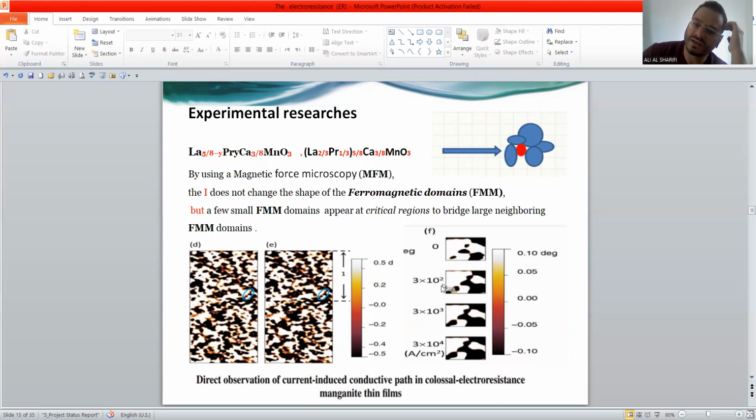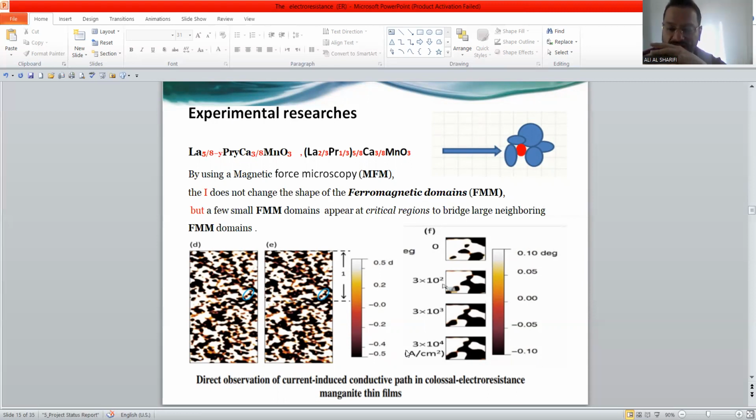And by increasing the current, this distance will decrease. By using more current, this distance approximately disappears. The distance between these two atoms totally disappears, creating something like a bridge.